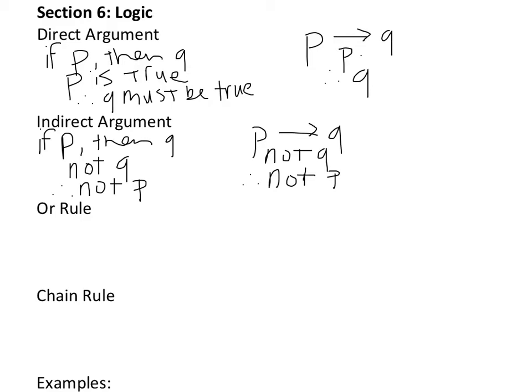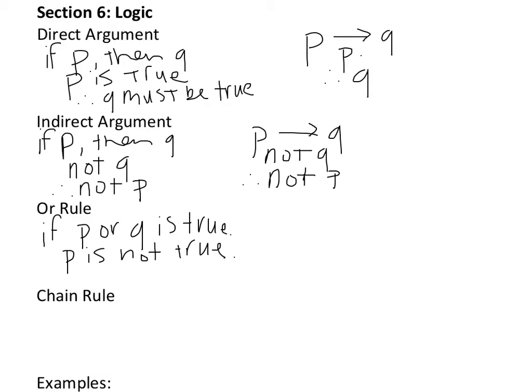The OR rule is in regards to if P or Q is true, so it must be one or the other. We say P is not true for some reason.